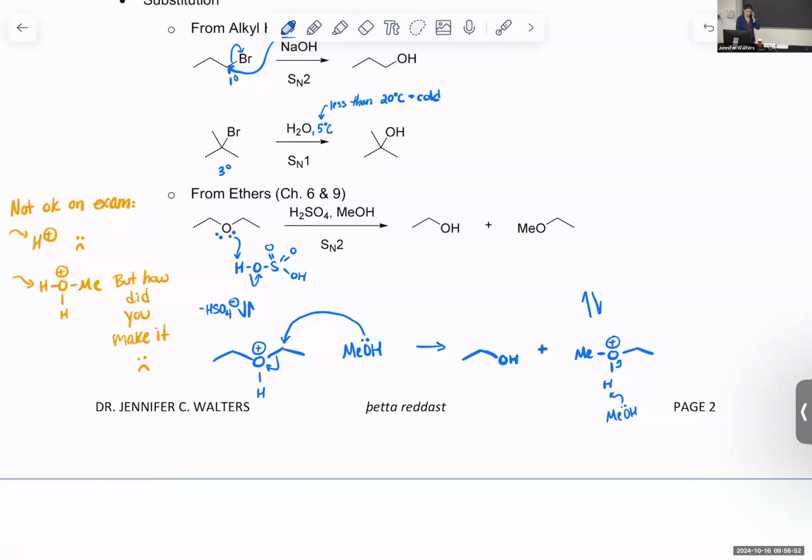So this is also known as the transesterification reaction, meaning that I'm going from one ether to a different ether. Not esterification, transesterification? Whatever. We're going from one ether to another ether. But you also make an alcohol.